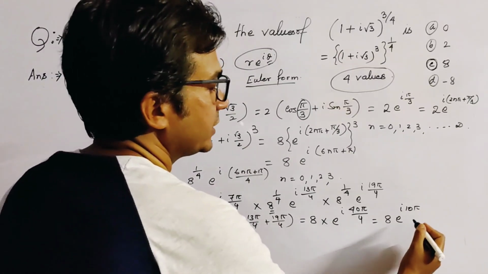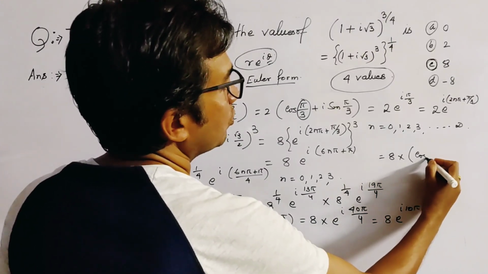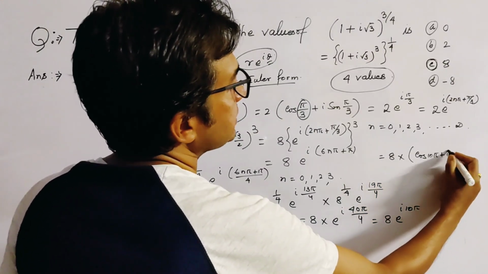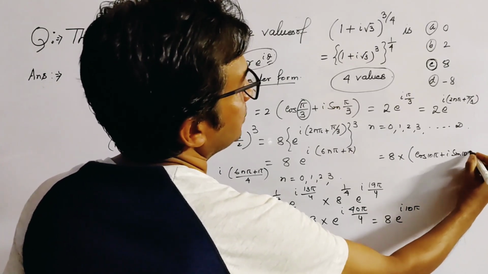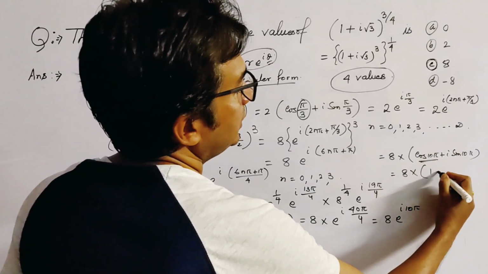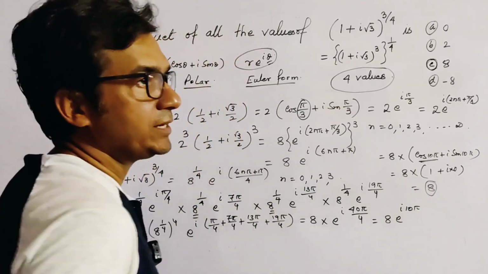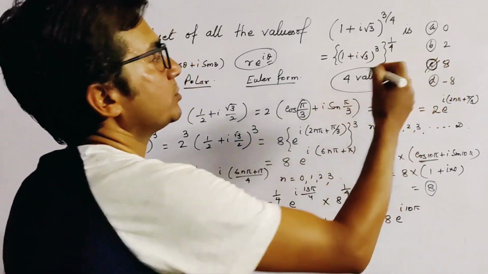And this is 8 into (cos 10 pi plus i sin 10 pi), where cos 10 pi is 1 and sin 10 pi is 0. So the value is 8 and the correct option is option C.